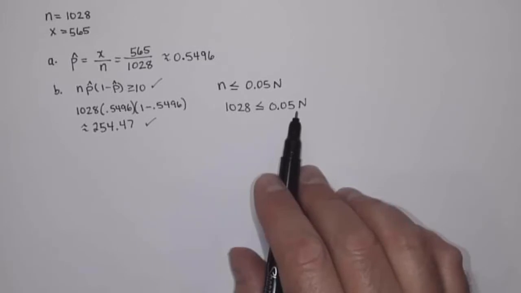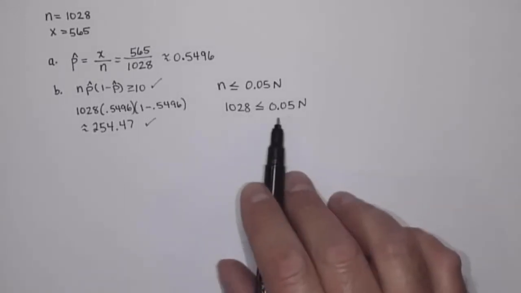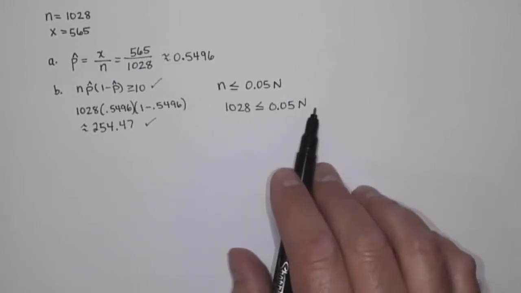So how many adult Americans are there? Well, we don't know exactly, at least I don't know exactly, but I do know that altogether there's over 300 million Americans, and at least a third of those I would think would be considered to be adults, so that would be 100 million. So the population size here has to at least be 100 million, and 1,028 is certainly less than 5% of that.